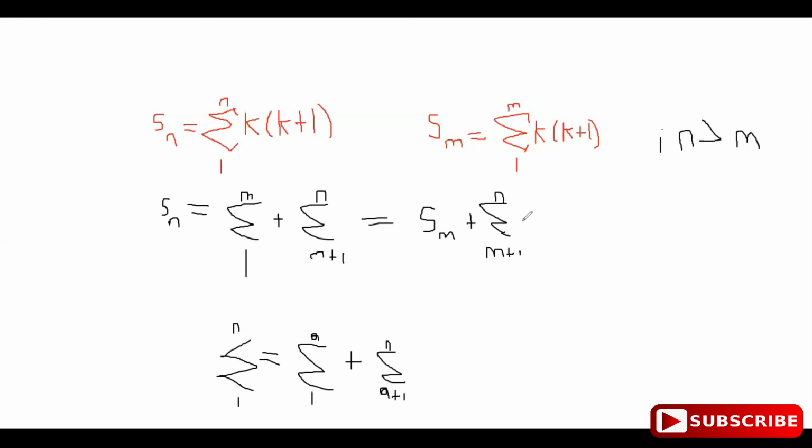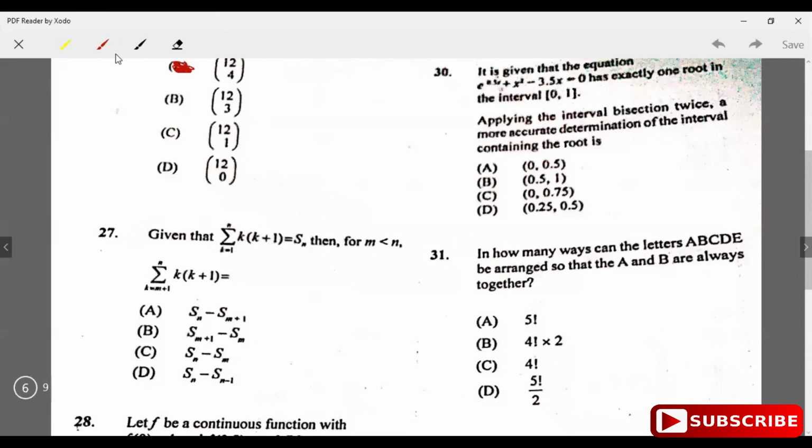We need to make this the subject, so subtract Sm from both sides to get Sn minus Sm equal to the sum from m plus 1 to n. That's the answer, Sn minus Sm. Very, very easy question. Easy.